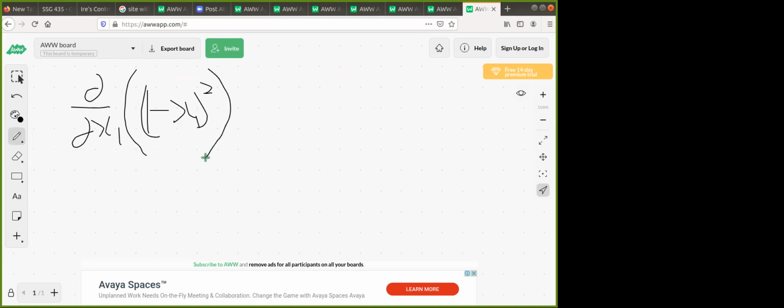So now, if we're differentiating this with respect to x1, like the previous step that we did, this 2 here we multiply it by the coefficient here. So that's going to be 2 times 1 minus x1, the differential of this whole function here.